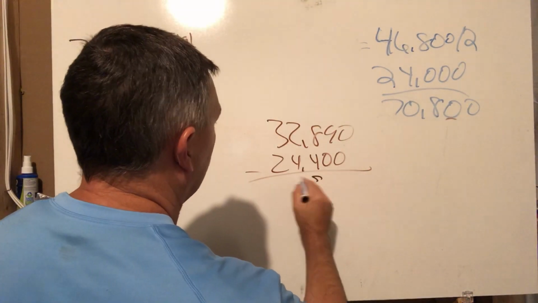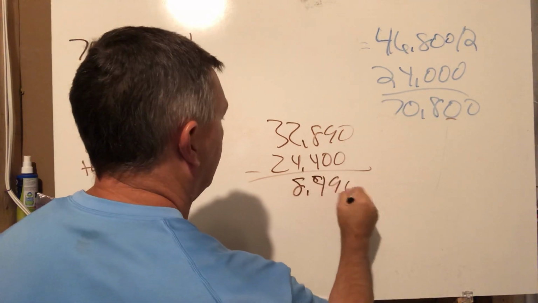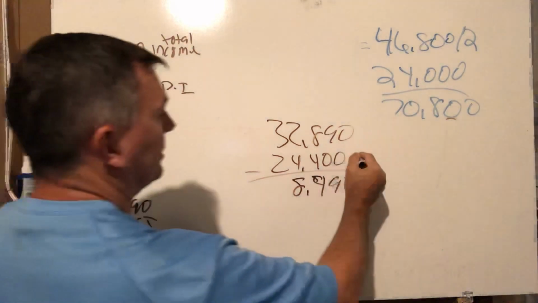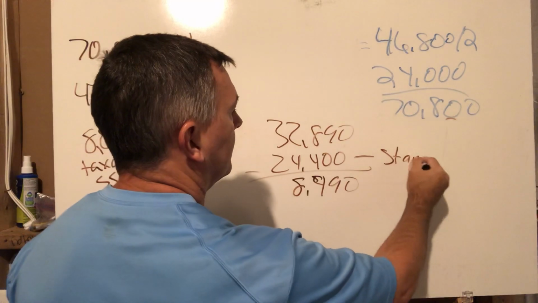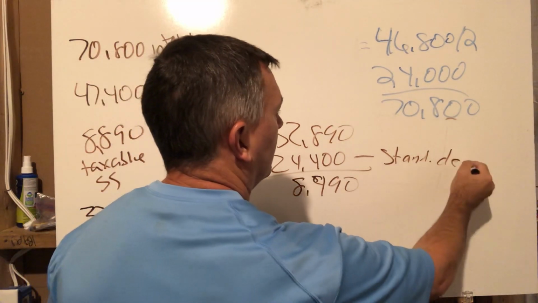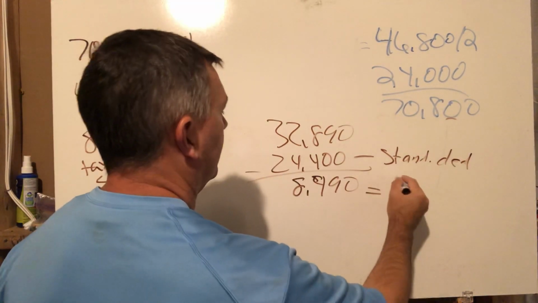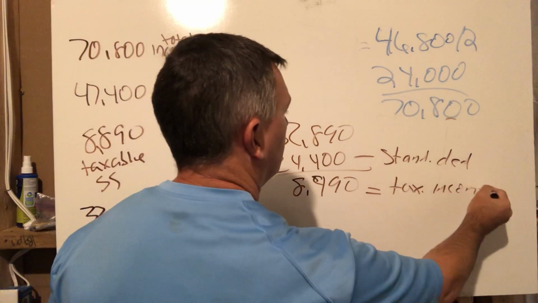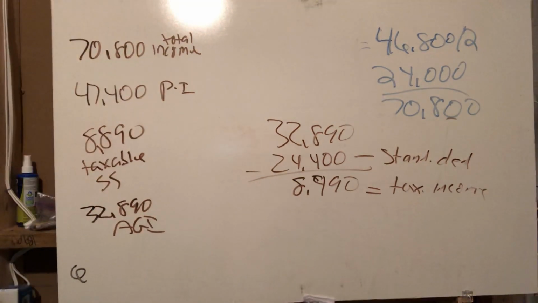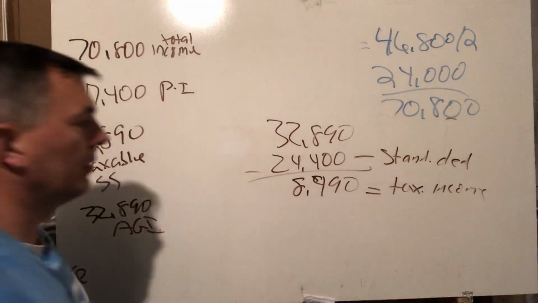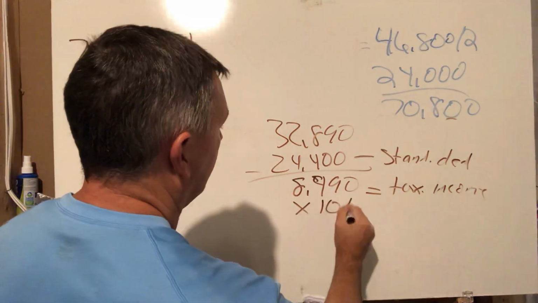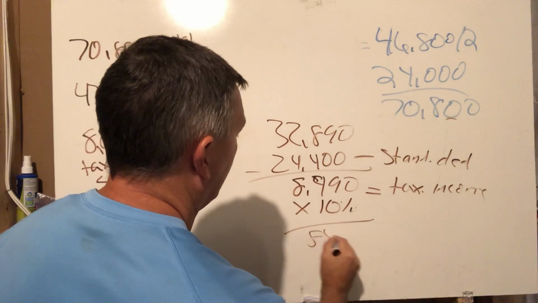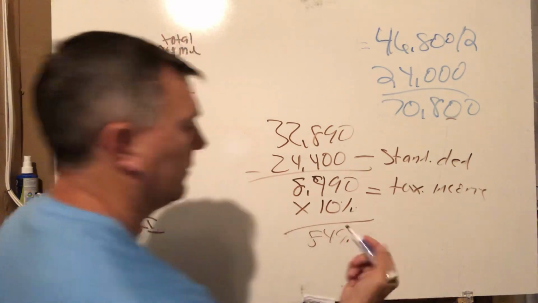So after the standard deduction, that's their taxable income. 8,490. We'll just say times 10%. They're going to pay $849 in taxes.